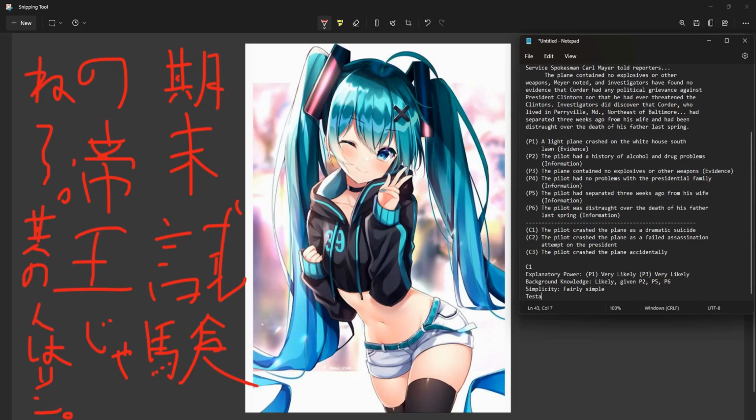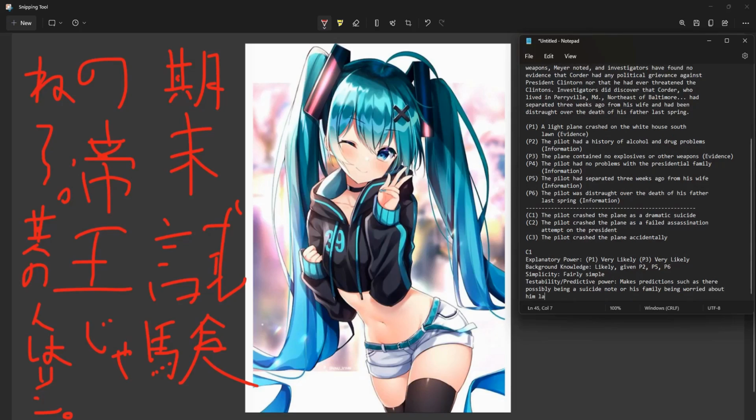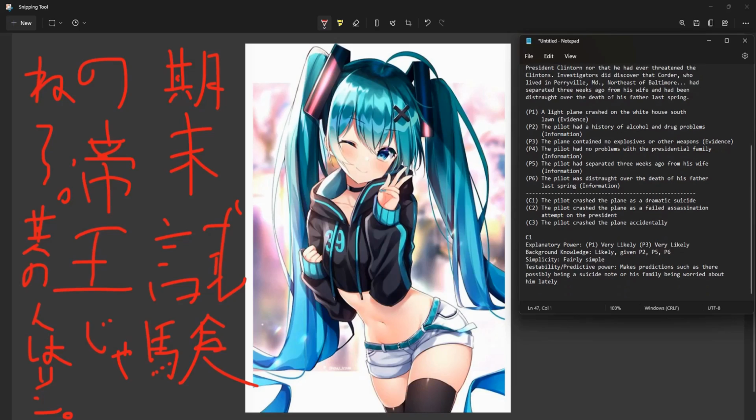And then testability / predictive power makes predictions such as there possibly being a suicide note or his family being worried about him lately. That's how you'll do that one. For C2, we're going to have something similar.